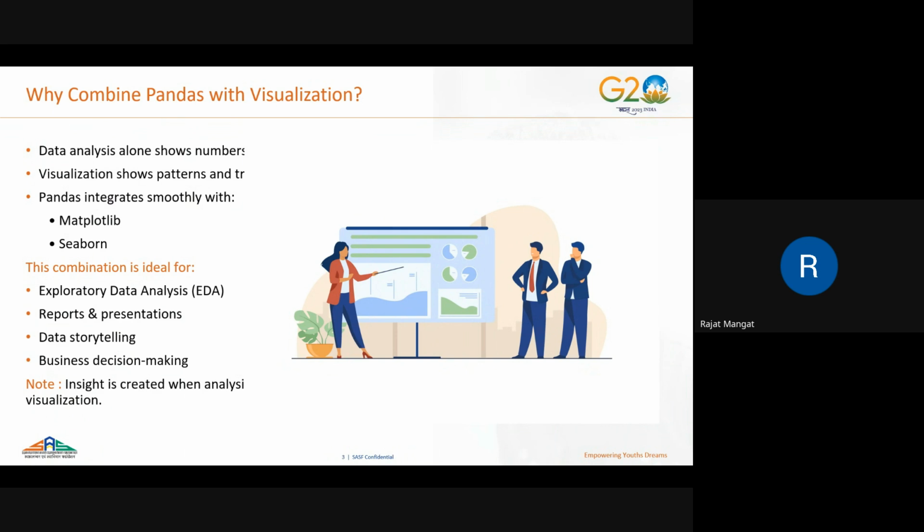Pandas is able to work together with both libraries, and you know that both are used for generating the visualizations or graphs that we use in our data analytics part. So if we use only pandas, then we will show just the numbers.